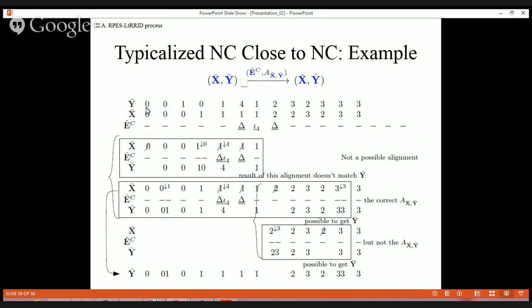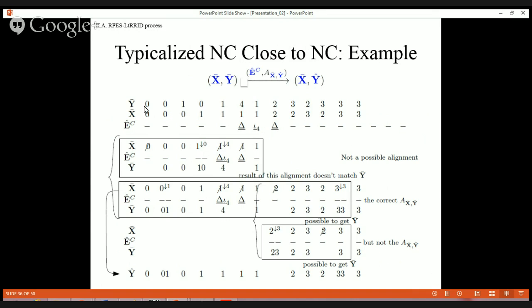Firstly, we look at the first run in X. It's 0, 0, 0, so the length of this run is 3. We look at 4 symbols in E complement. They're all non-operations, so we know that we eliminated no edit in this X run.